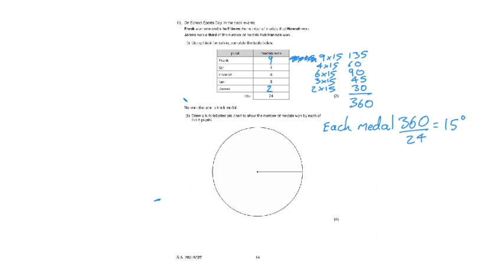Then I'm going to go 30 from this side. And 75 from this side. 75, so I think it should be there.